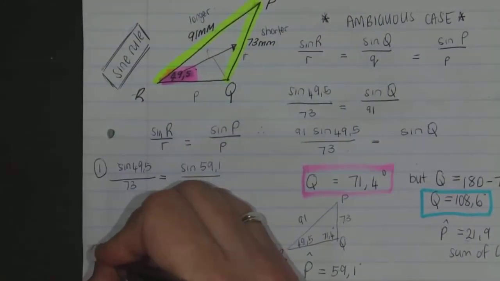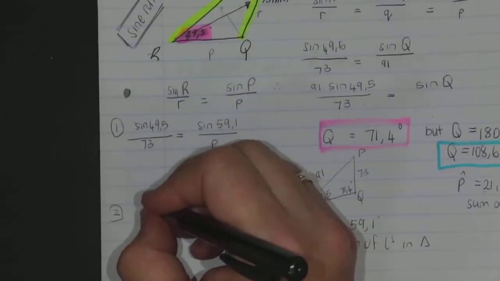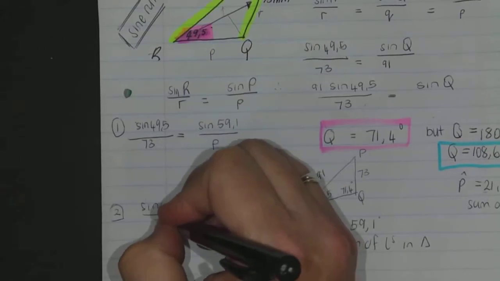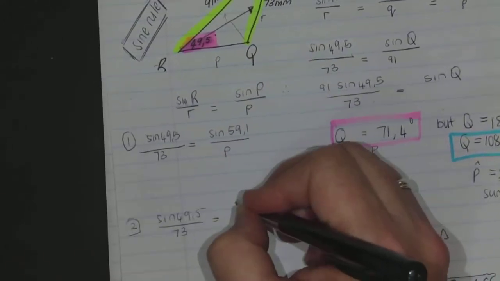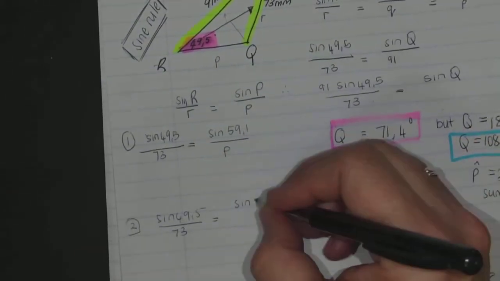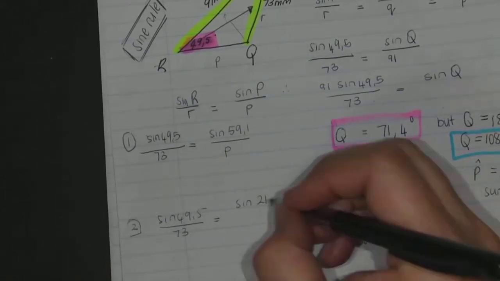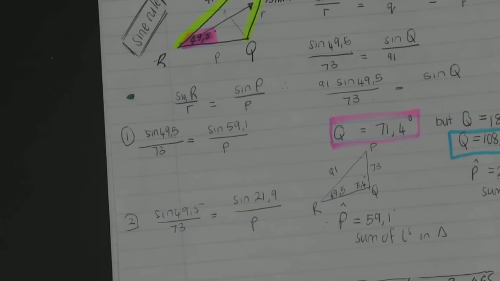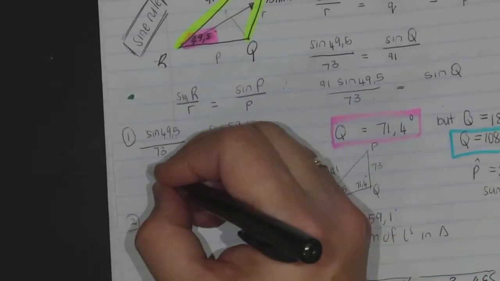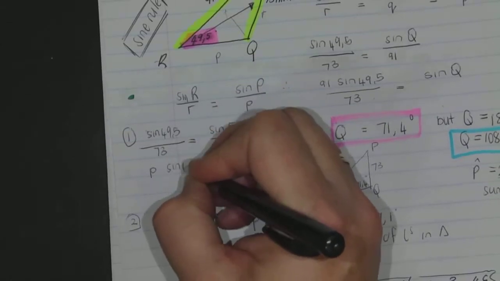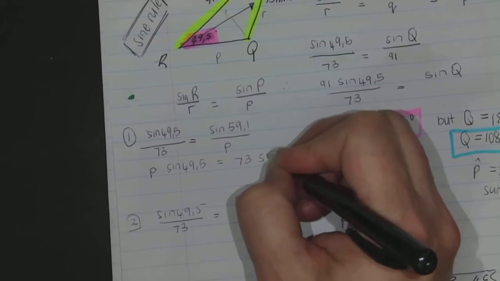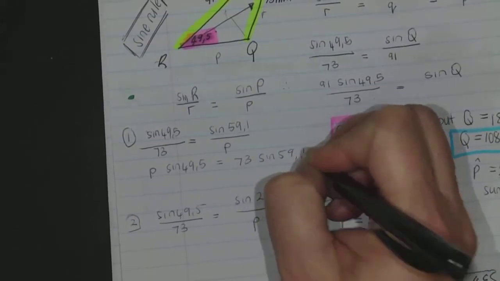My second option there will be sine 49,5 over 73, but P can also be 21,9, and I can calculate P. So cross multiplication, P sine 49,5 is equal to 73 sine 59,1.